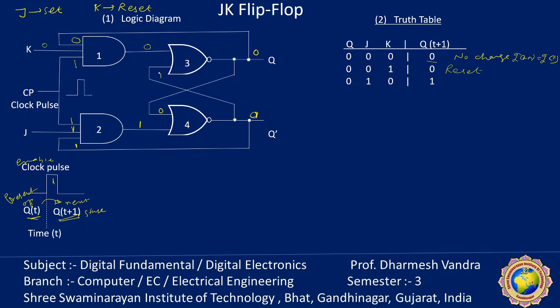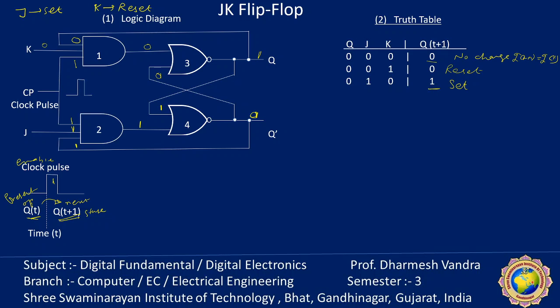Now this 0 is applied here, so 0 plus 0 bar is equal to 1. And this one again here will not affect, since one input is already 1. So 1 plus 1 whole bar is 1 bar, equal to 0. So the stable condition is that Q(t+1) is equal to 1. It is called the set state.